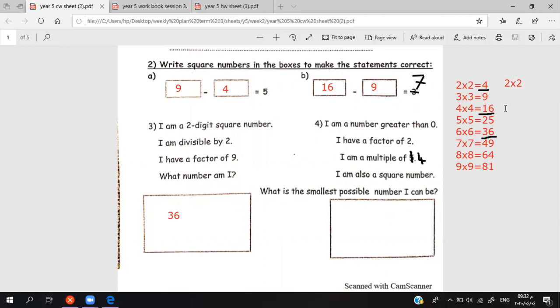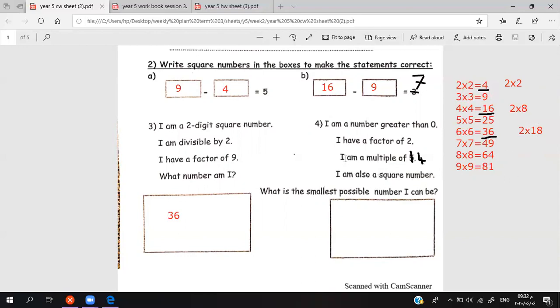What about the 16? 2 times 8 gives me 16. What about the 36? 2 times 18.